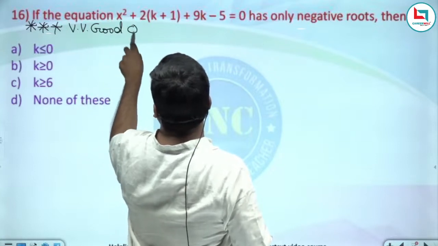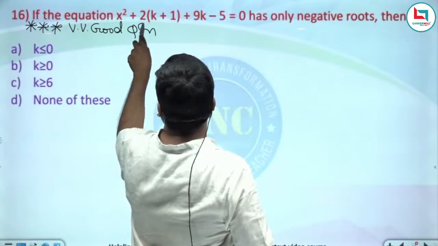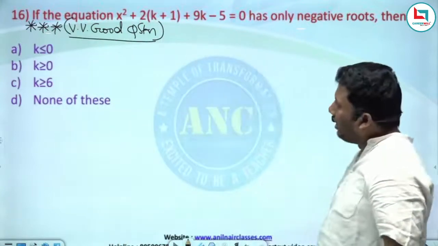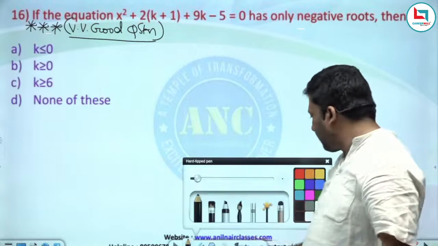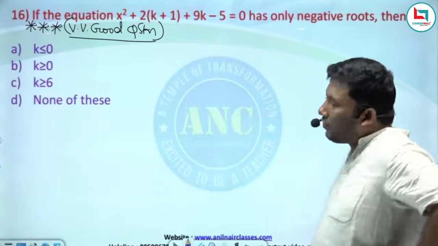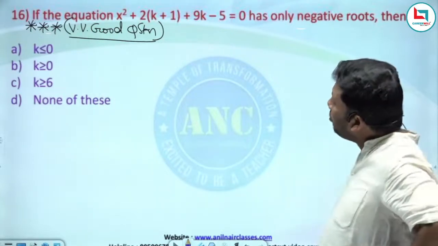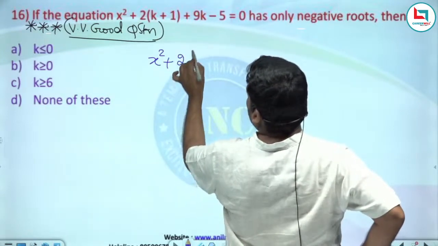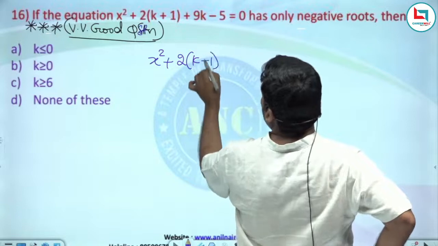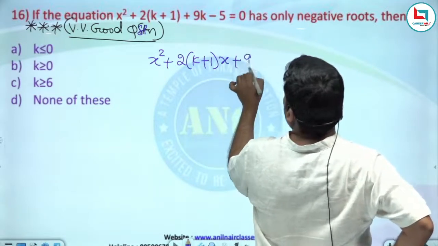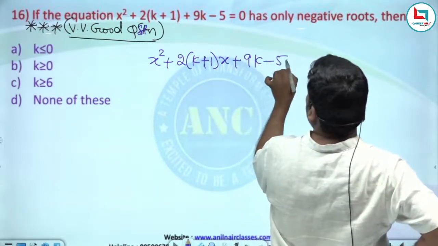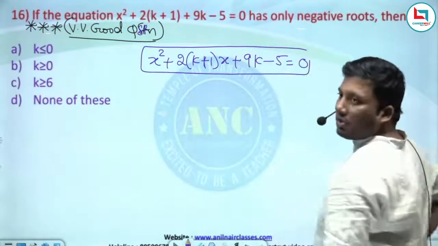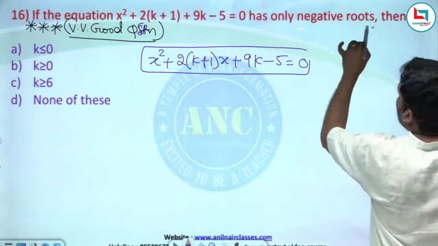16th is a new variety of question, extremely important question. If the equation x square plus 2 into k plus 1 into x plus 9k minus 5 equivalent to 0 has only negative roots.